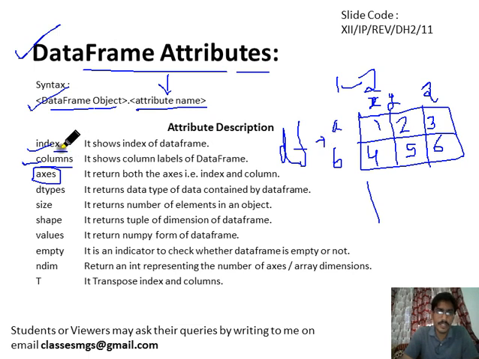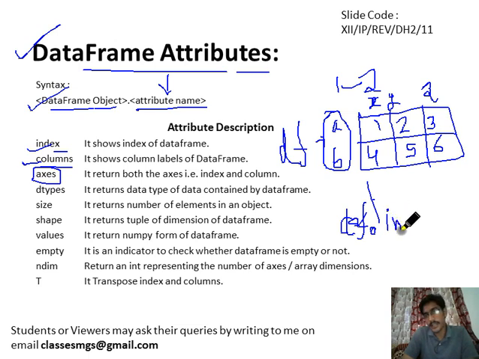Now if you want to know the indexes of the rows, what code will you use? You will write DF dot index to know the index.